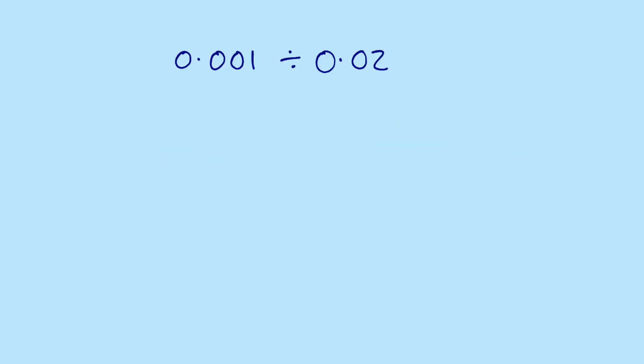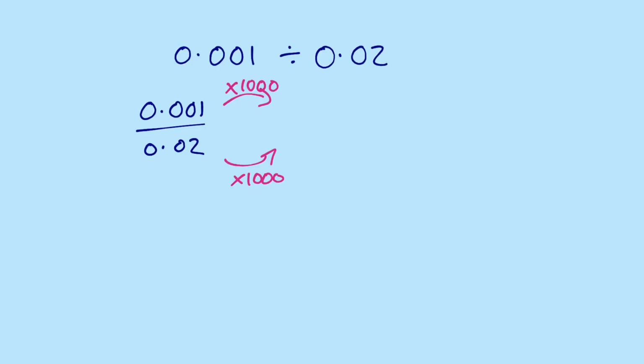Now this example is slightly different and you'll see why in a minute. So first thing I do is I rewrite it as 0.01 over 0.02. Now to get rid of the decimal on the top and on the bottom, I'm going to multiply by 1000.